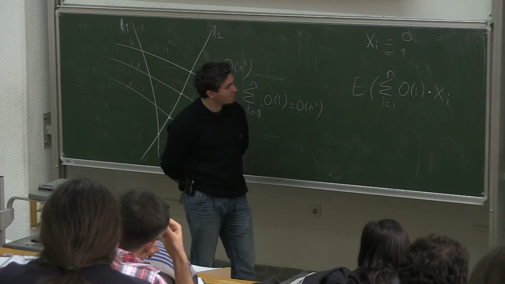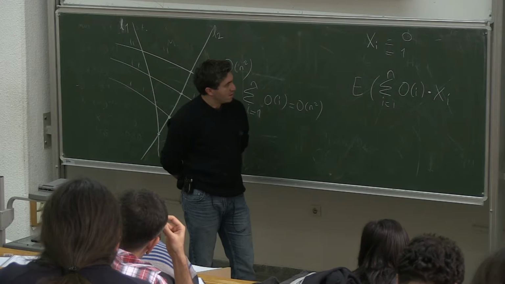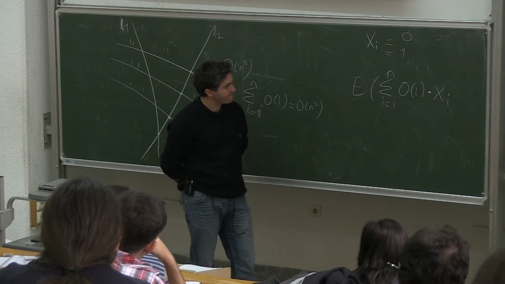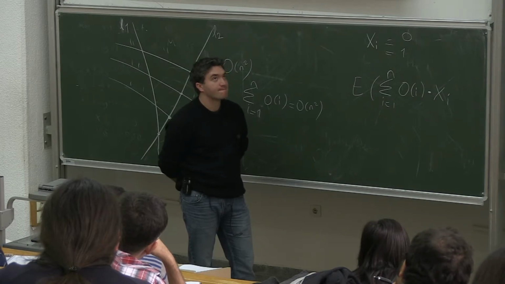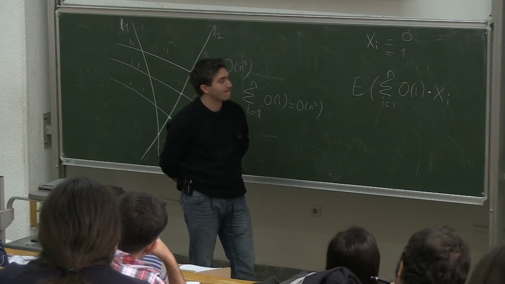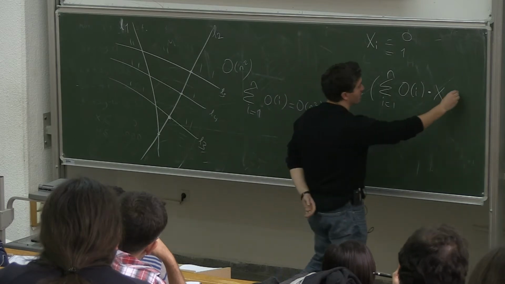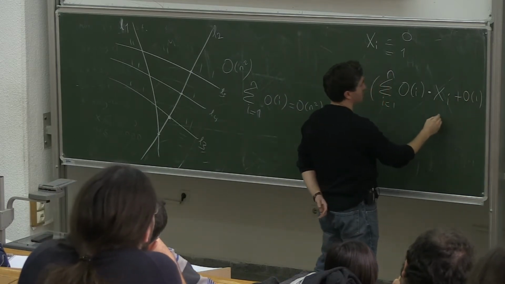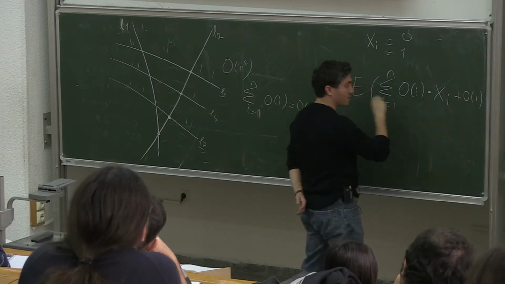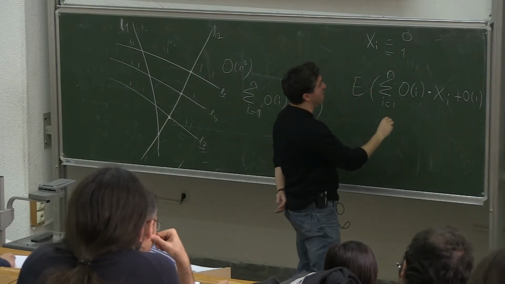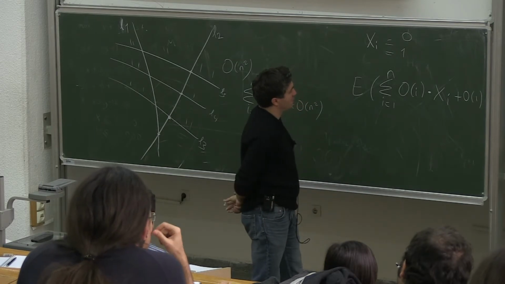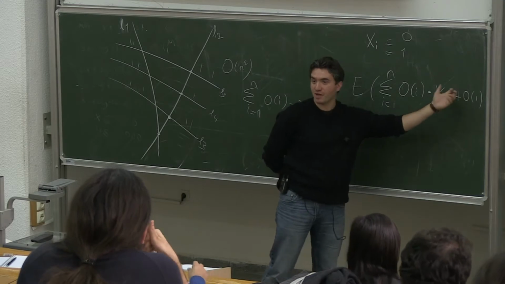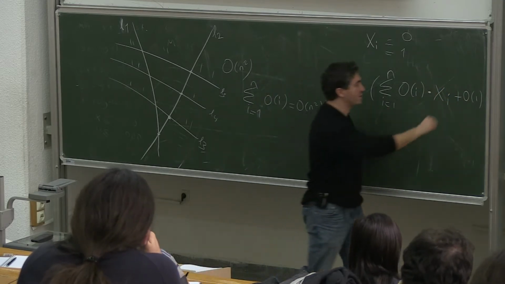Actually, we need to add plus O(1) here. If xi is 0, it's going to be O(1). If it's 1, this is going to subsume the other one, so it's safe to write this.